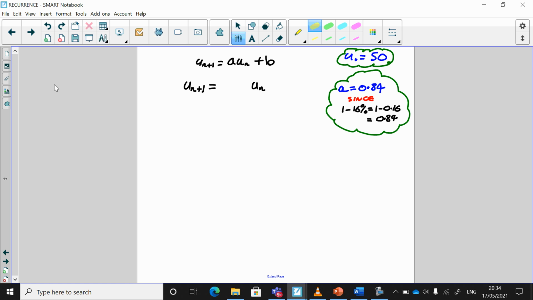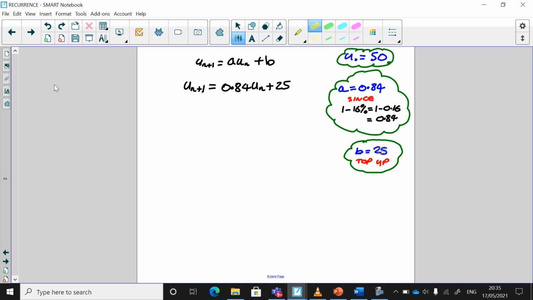That's your multiplier, multiplying any new lot of medication in the body, and the plus B, that is the top up. That's the 25 mils. I've not put in any units here, and that's fine.